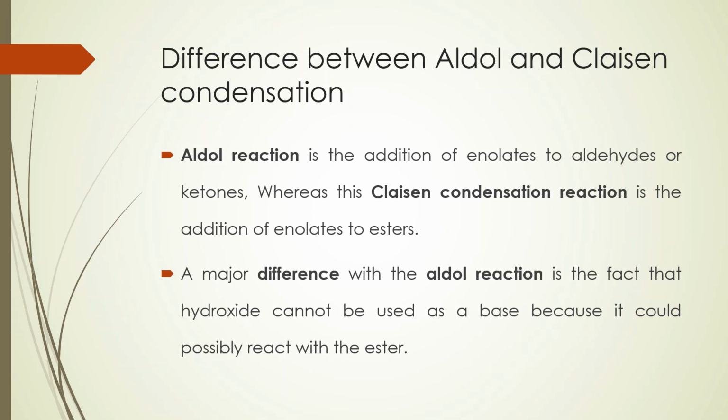Here there is a possibility of reaction between sodium hydroxide as a base and the ester molecule, which is a reactant in this Claisen condensation reaction. That's why we can't use sodium hydroxide as a base here. We have to use such a strong base which cannot interfere in the reaction. That's why we are using sodium alkoxides, as we have seen in the previous slides.